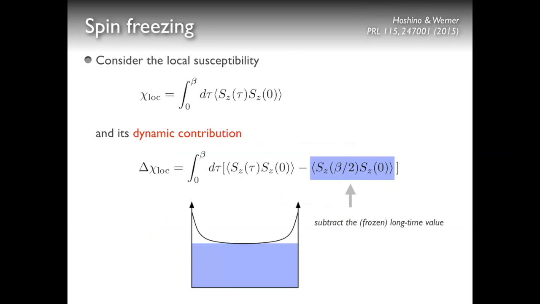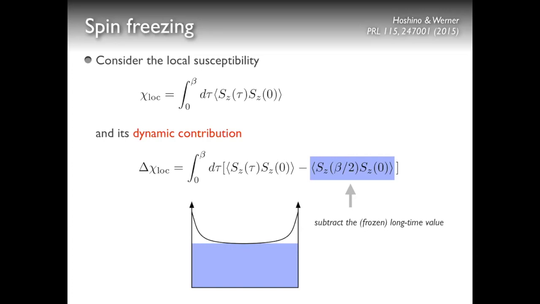Now, since the spin-spin correlation function is such a sensitive detector of the spin freezing crossover, it's useful to consider the local spin susceptibility, which is the integral over the spin-spin correlation function. And in the work with Shintaro Hoshino, we decided to subtract from this spin correlation function the constant part, which is associated with the frozen magnetic moments.